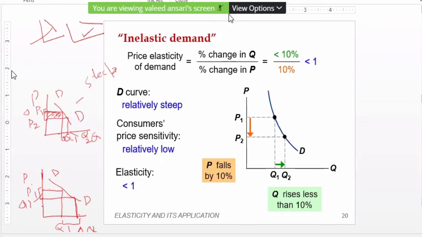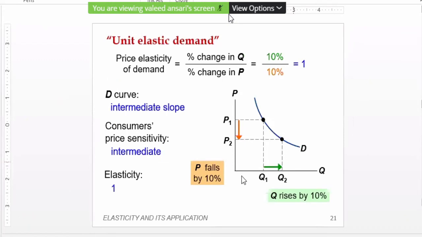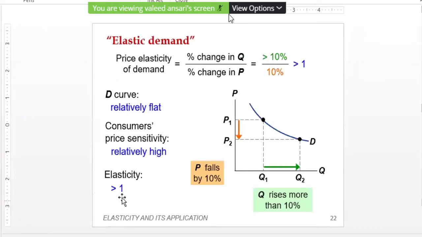The steeper curve here is inelastic; then this is unitary elastic, I will come to this point later; and this one, slightly flatter, is elastic. Here the percentage change in quantity demanded is greater than the percentage change in price, so the coefficient will be greater than 1.